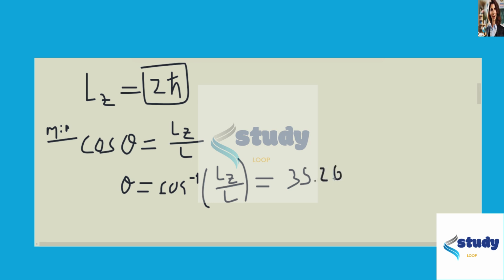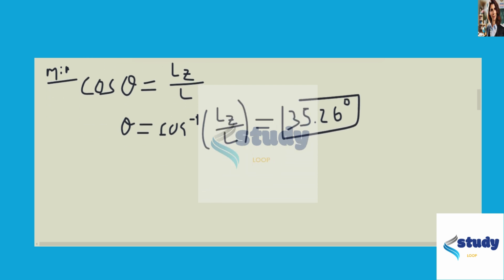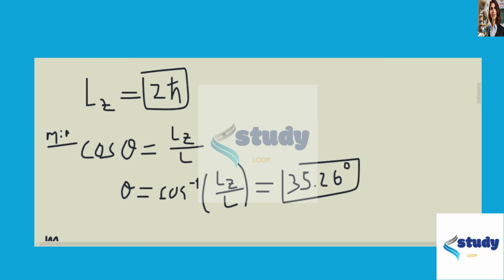So we're using the smaller values of L that we found above. For the max value, we're using L sub z equals negative 2, over root 6. So let's go ahead and be explicit.